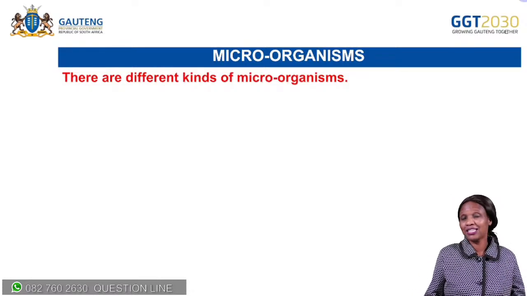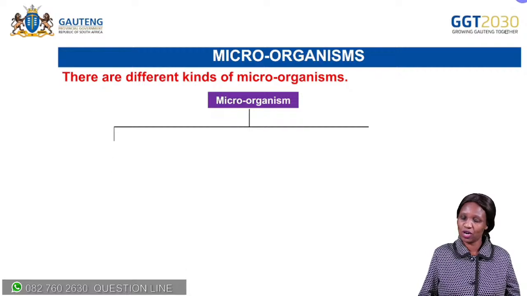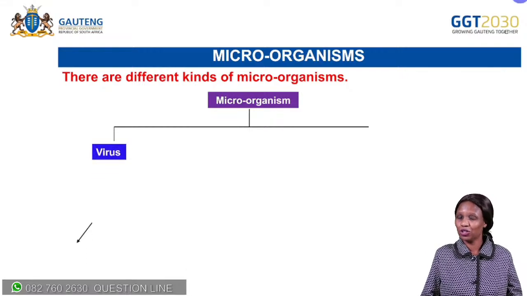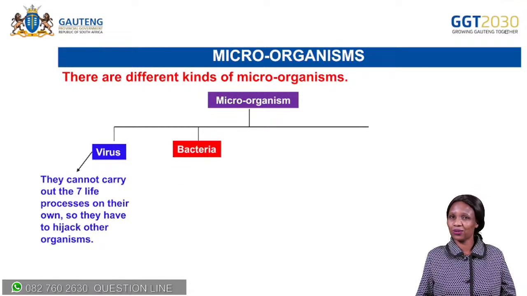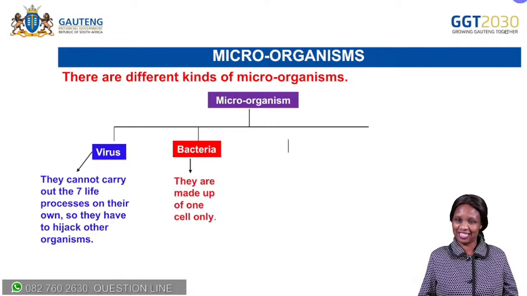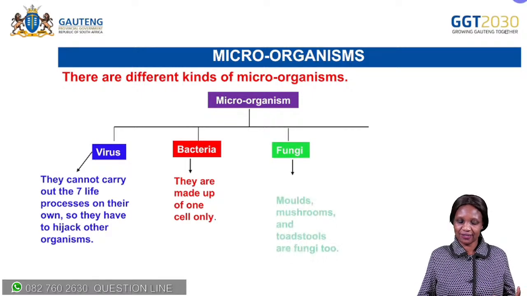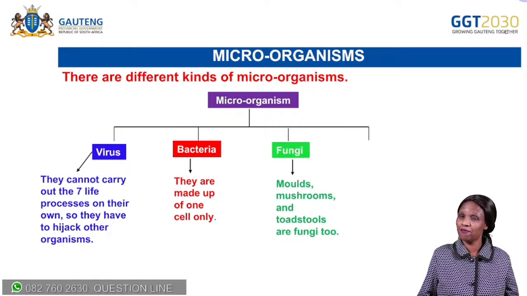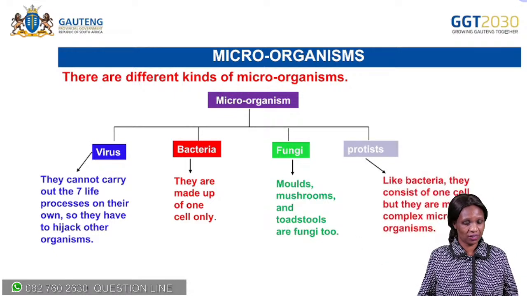These are different kinds of microorganisms. All right. We've got the umbrella name, that is microorganisms. Then we are going to look at different types of microorganisms. All right. We've got viruses. We also have bacteria. We also have protists.